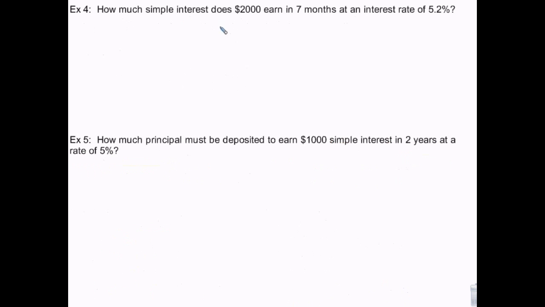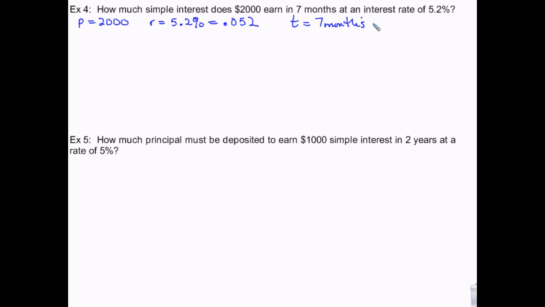Okay, this is one of those situations where we have to convert to get the years when we're given months. So our principal is $2,000. Our rate is 5.2%, which is equal to 0.052, and our time is 7 months. But the formula requires time to be in years.